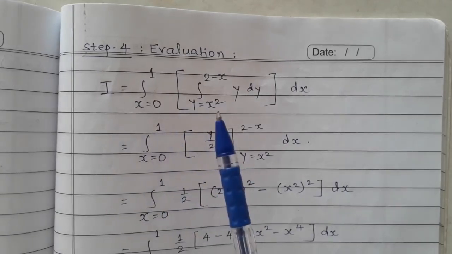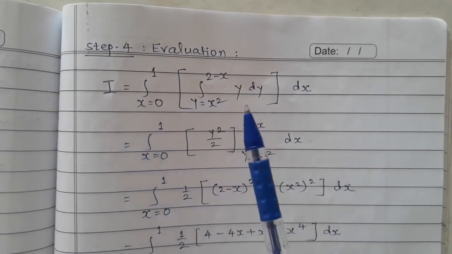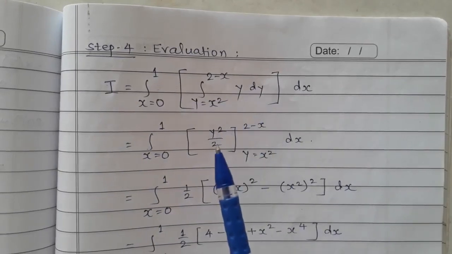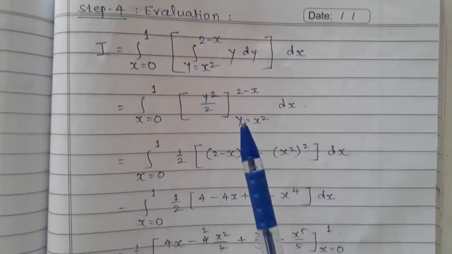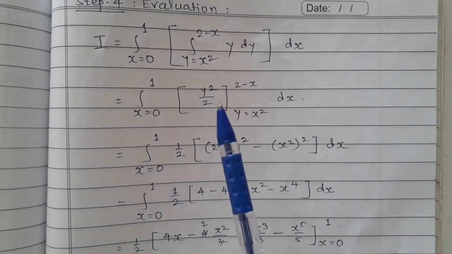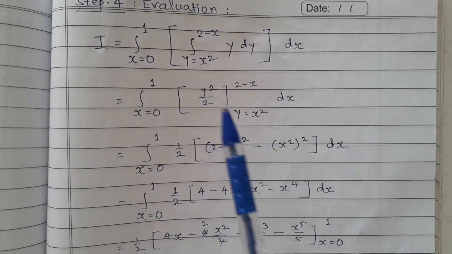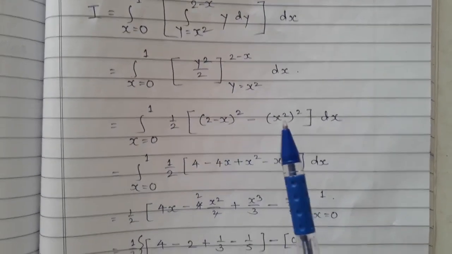After substituting the limits, the limits of x are constant, so give second preference to it; integration of y dy is y square by 2, upper limit 2 minus x, lower limit x square. The 1 by 2 constant comes out; y square, with the upper limit y replaced by 2 minus x, and for the lower limit y replaced by x square, upper limit minus lower limit.